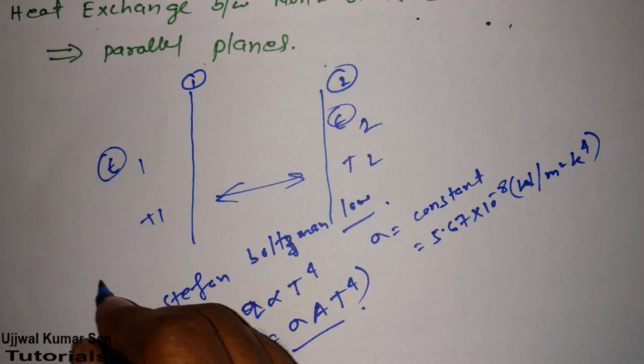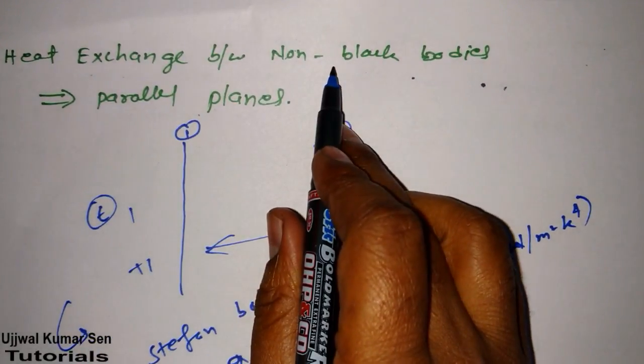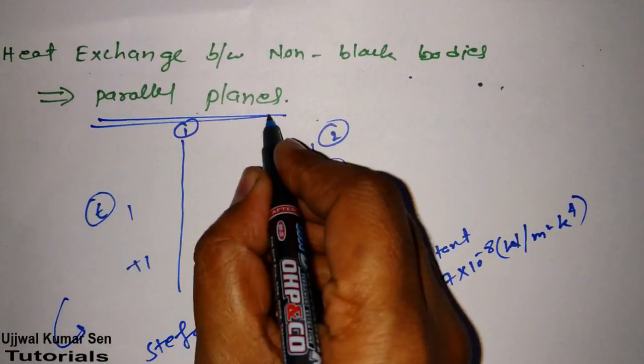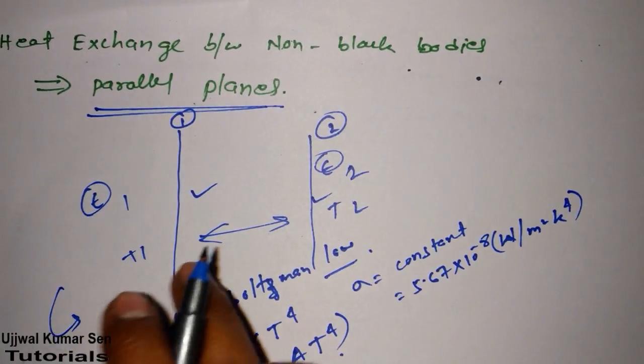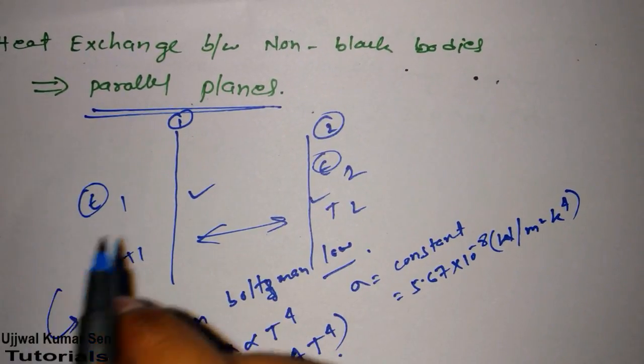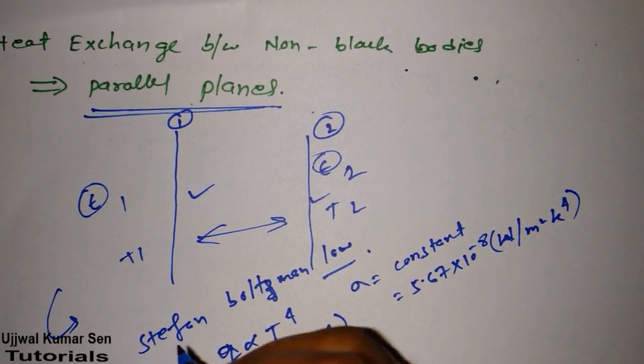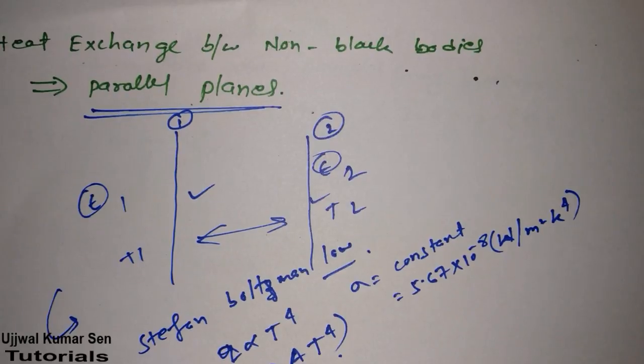Now, what is the basic formula we require to find out heat exchange between two non-black bodies? But the bodies must be parallel to each other, just like we have shown here in this diagram. Suppose that we are having two bodies, body 1 and body 2, and these two bodies are parallel to each other. That's why this formula will be applicable.